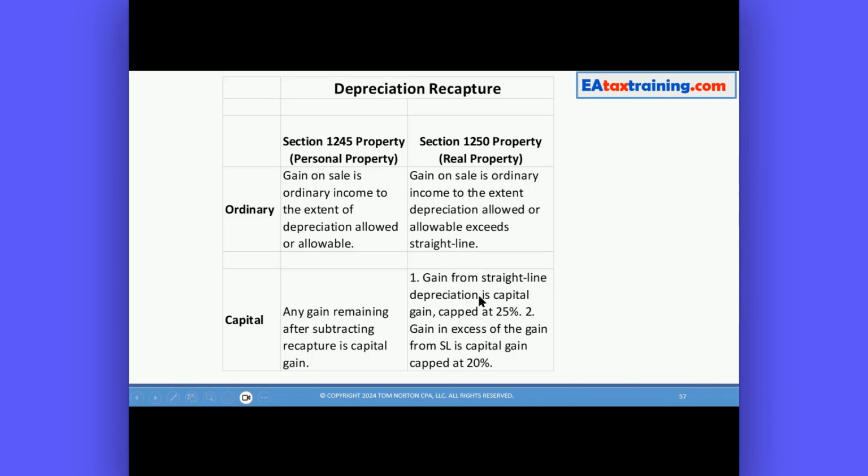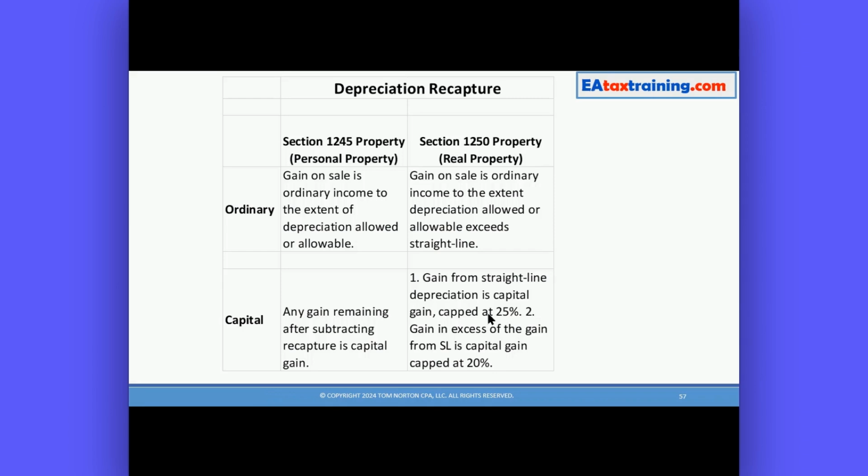The gain from the straight line depreciation itself is capital gain, tax capped at 25%. Remember on that chart when we talked about the special Section 1250 depreciation recapture, this is what we're talking about.